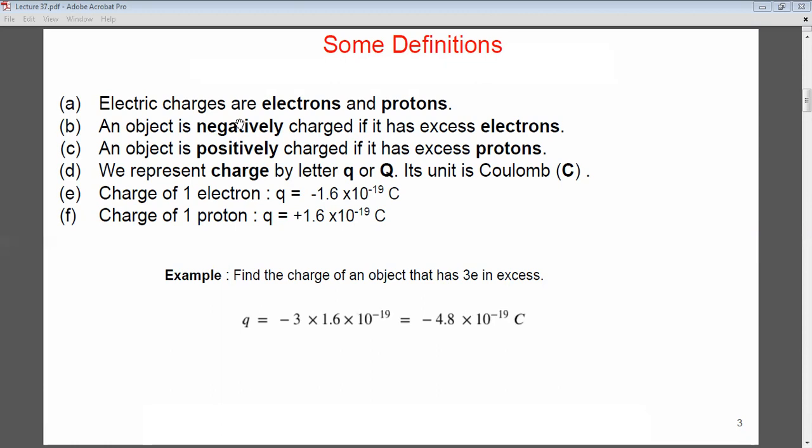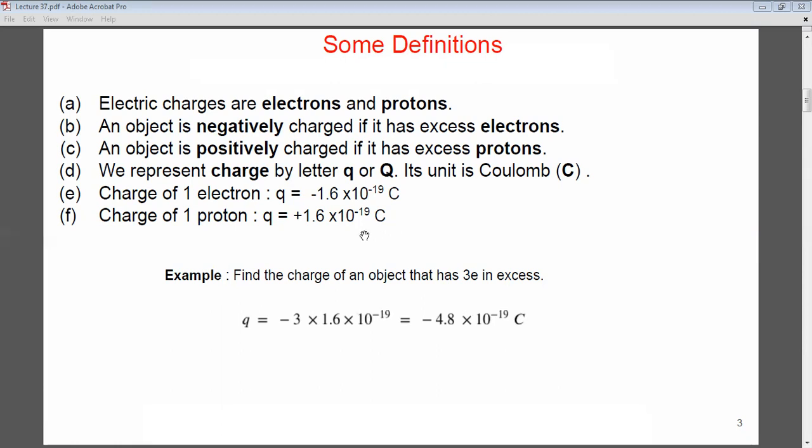The charge of one electron is Q equal to minus 1.6 times 10 power minus 19 Coulomb. The charge of one proton is exactly the same amount, but it is positive, so it is plus 1.6 times 10 power minus 19 Coulomb. We have to remember these numbers.